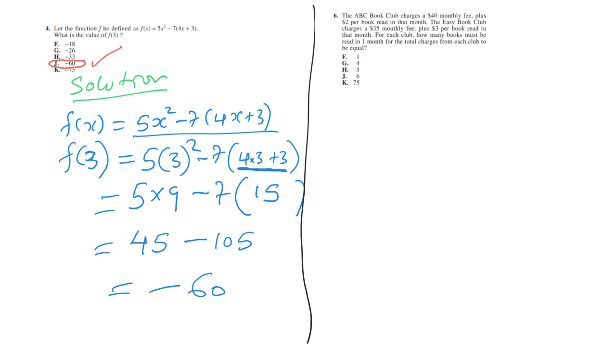So how do we go about this? It is really simple. There is a particular number of books such that if you look at this club, which is ABC, and then there is the Easy club. Now, ABC will charge you 40 for monthly charge plus $2 per book, assuming we read N books.